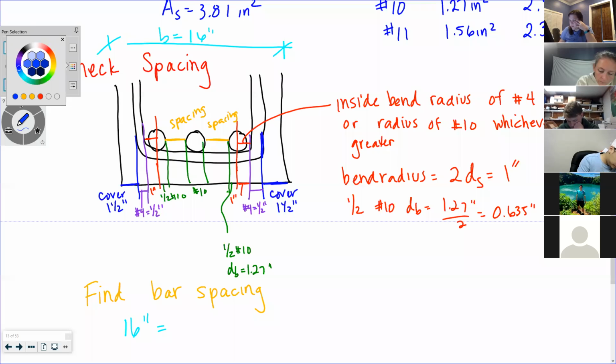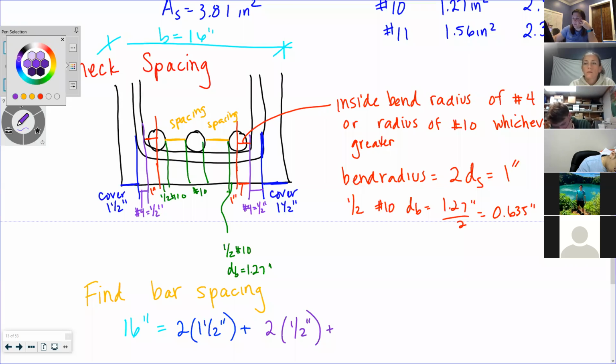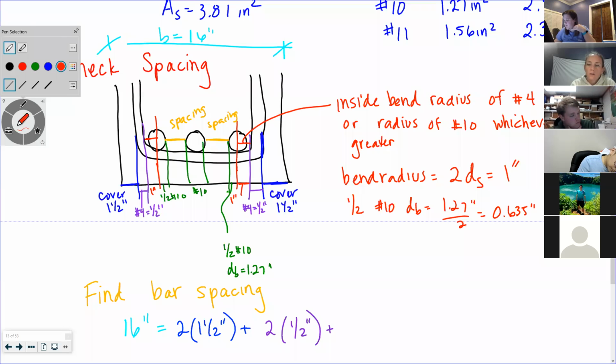Let's see, I've got 2 covers, 1.5 inches. 2 stirrups. I'm going from the outside in. 2 bend diameters that are an inch.